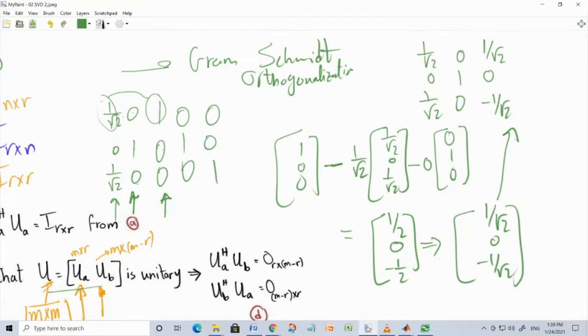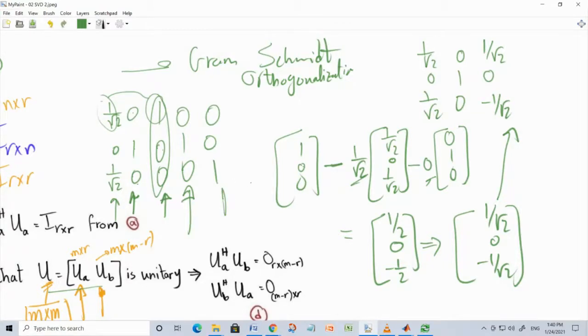Suppose that in another example, the first column of the identity is actually a linear combination of the vectors that you already have. Then when you do this operation, you take this vector minus the combination of the others based on the inner product, and you get a 0. If you get a 0, you skip this one and try with the next one. If you get a 0, you skip it and go to the third one, and so on.